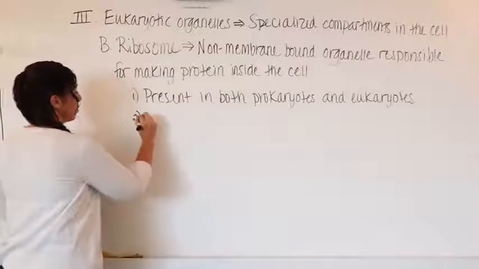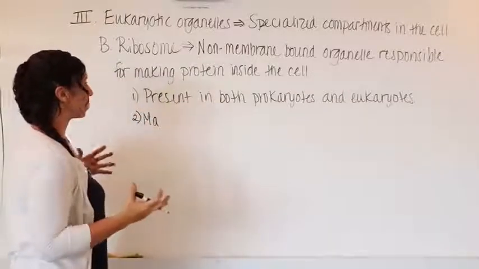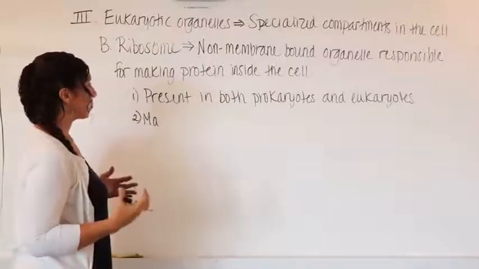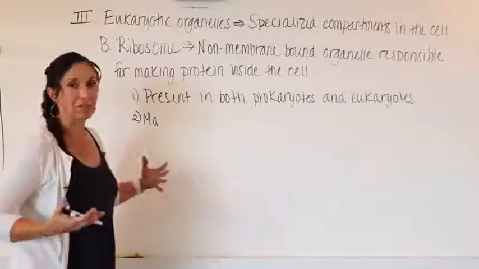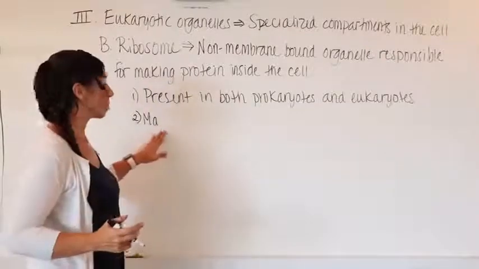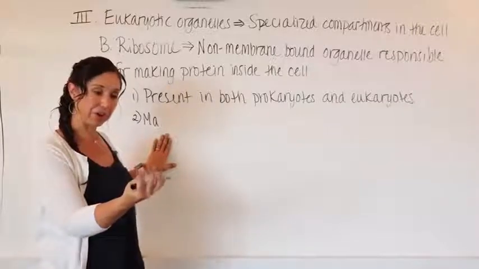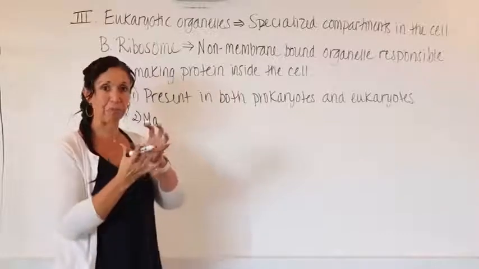But also, I want you to know that ribosomes are made of the stuff cells are made of, and here's what they're made of. They're made of RNA and protein put together. And when you put RNA and protein together, they create this beautiful specific structure.